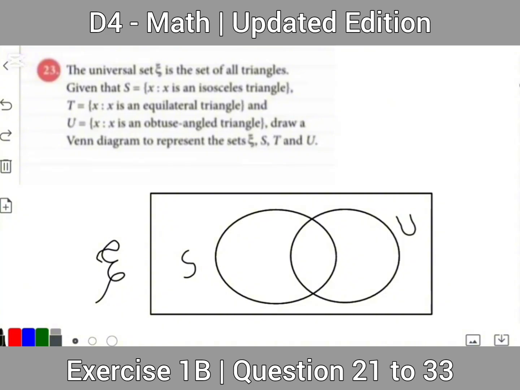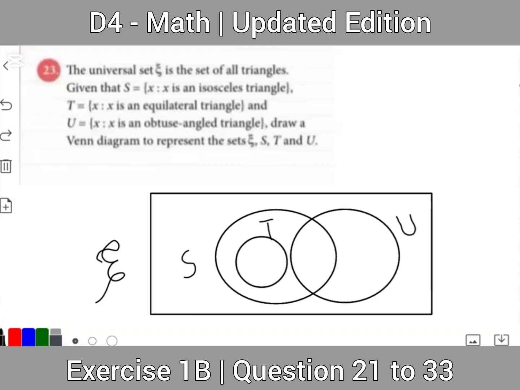Now, what about the equilateral triangle, the set T? The set T will be a subset of the set S, just because an equilateral triangle is a subset of the isosceles triangle. So the set T will lie inside the set S.